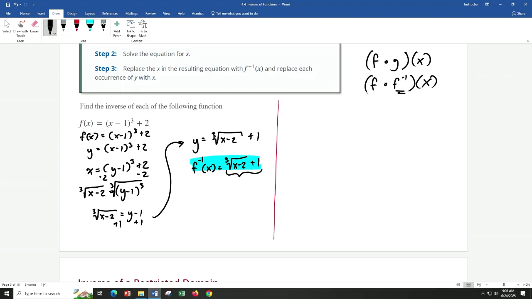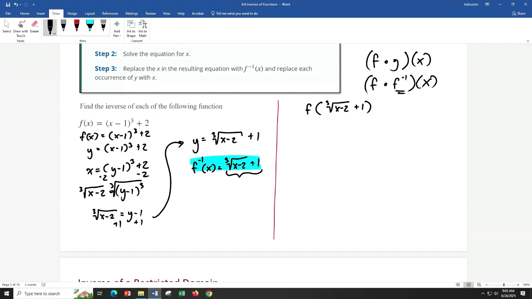You with me so far? So I can take f of the cube root of x minus 2 plus 1. Which is basically saying, I'm going to take that whole junk and replace it inside my original function, right?